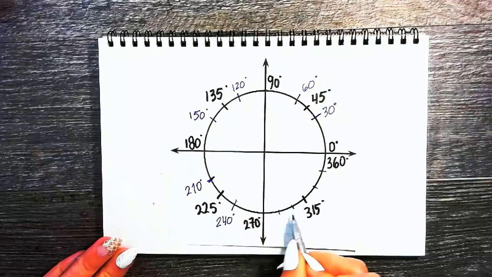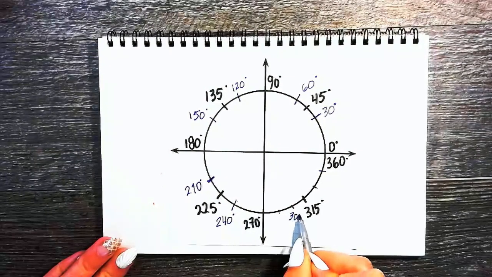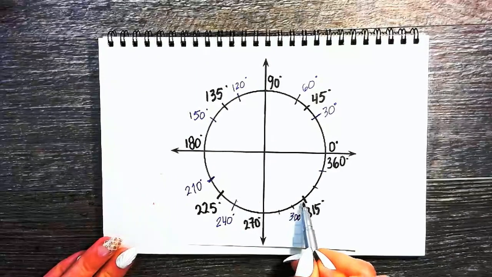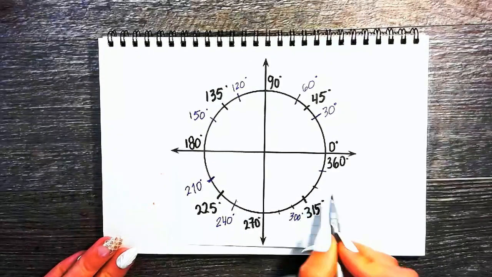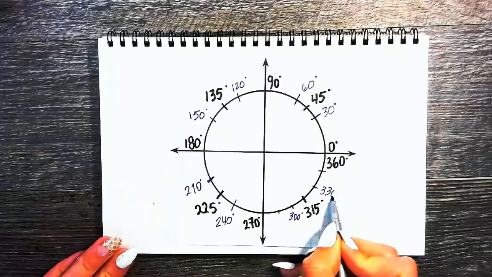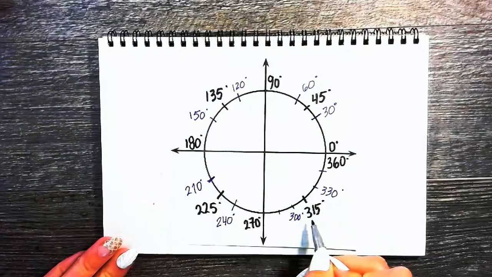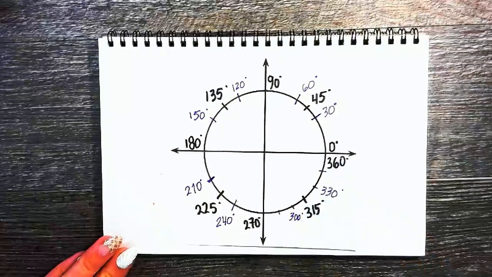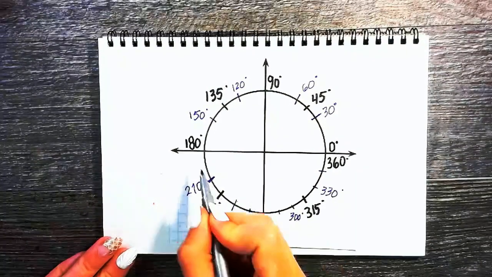Another 15 would put us at 300, which is because 2 15s make a 30. 315. Another 15 would put us at 330, but that's the same as adding 30 to 300. 345, 360.